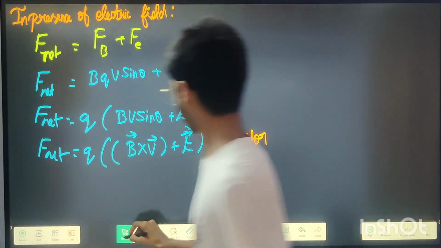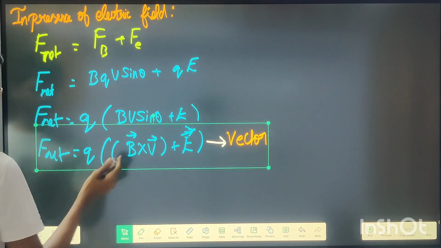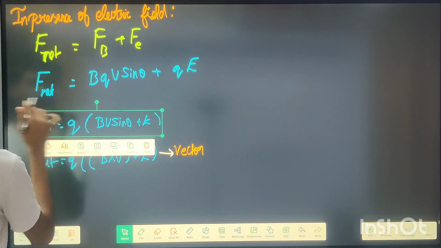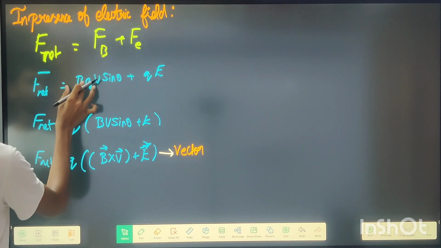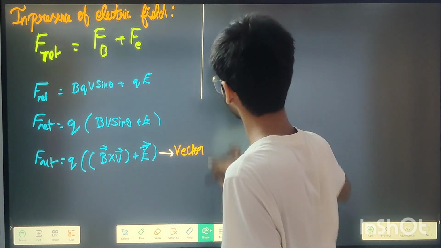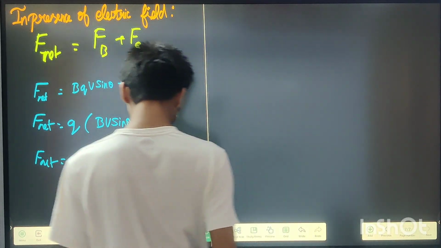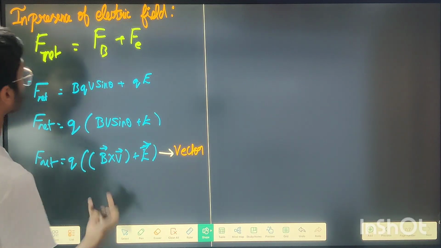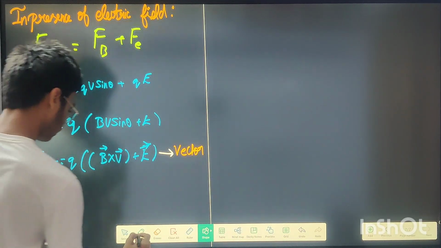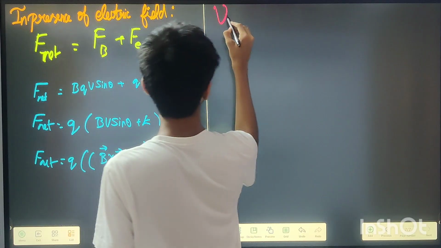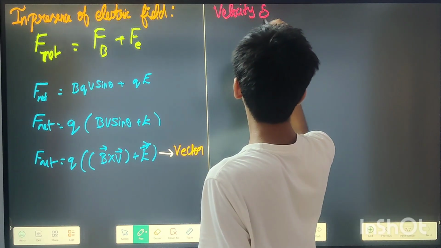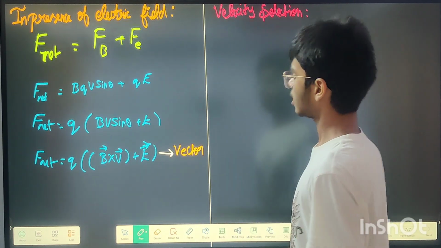Now next is velocity selection. What is this velocity selection?